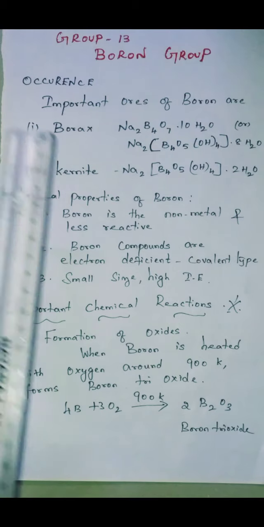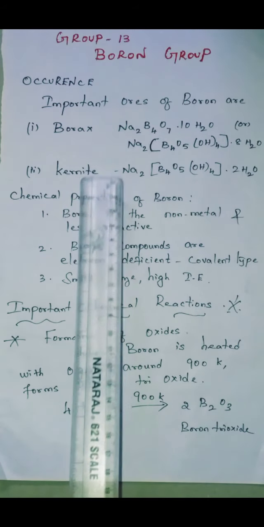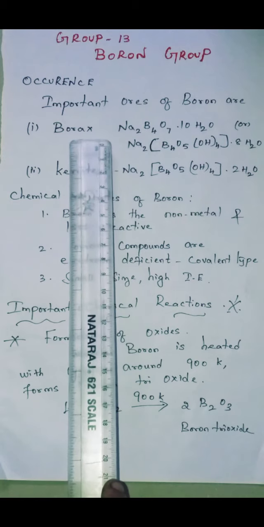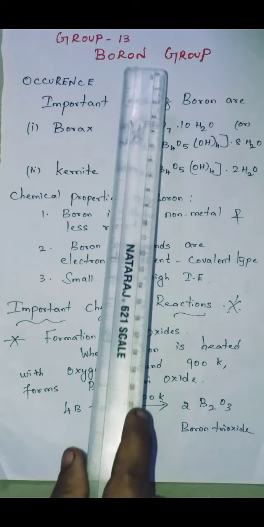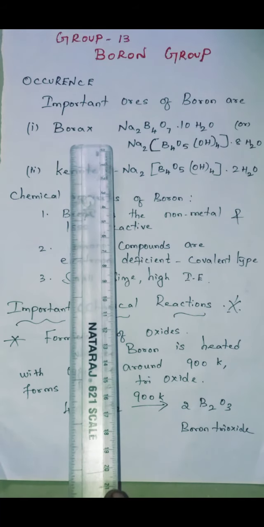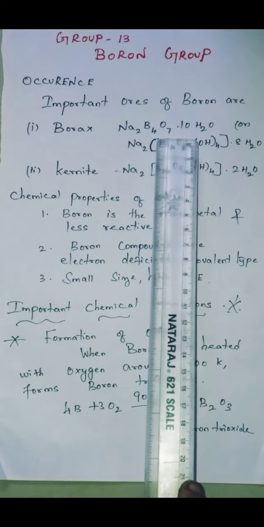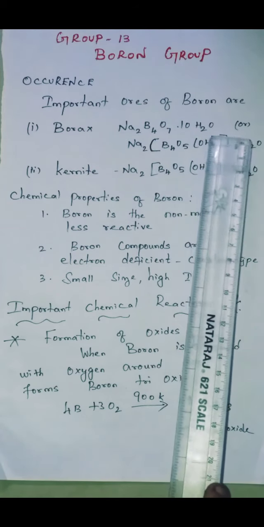So, occurrence. The important ores of boron are borax and kernite. From borax, the maximum amount of boron is obtained, so this is the chief ore, and the formula for borax is Na2B4O7·10H2O. A very important formula.